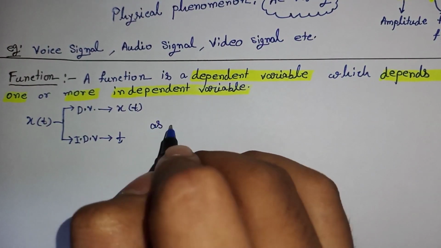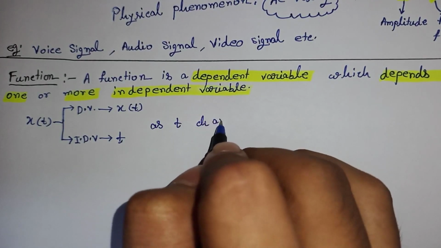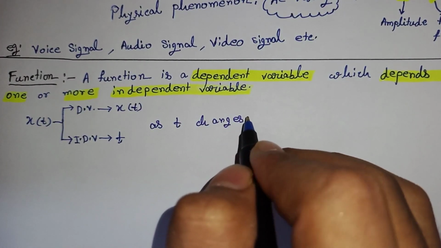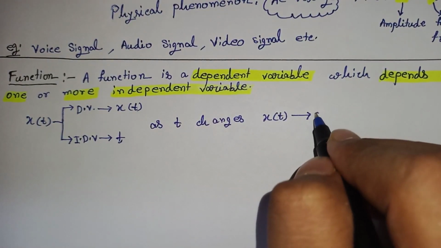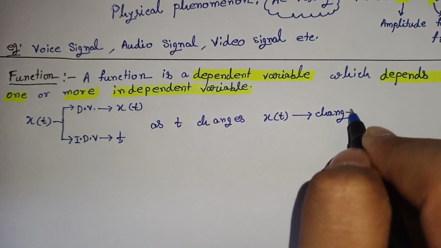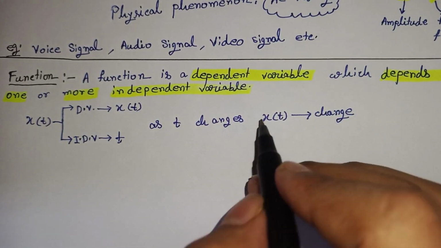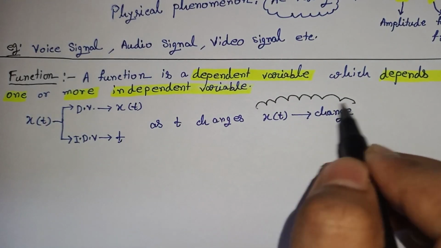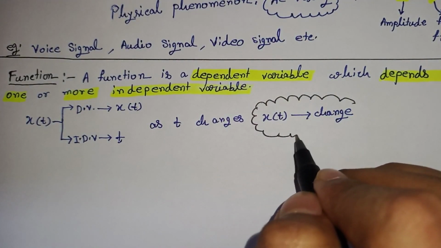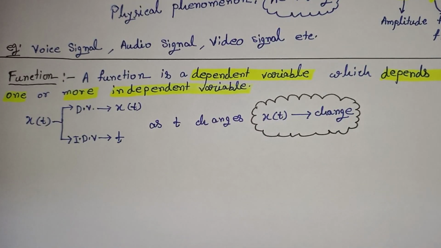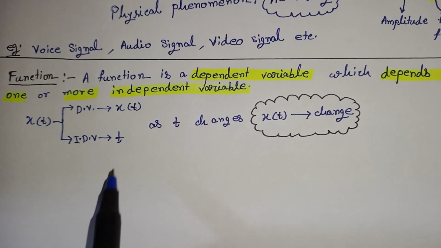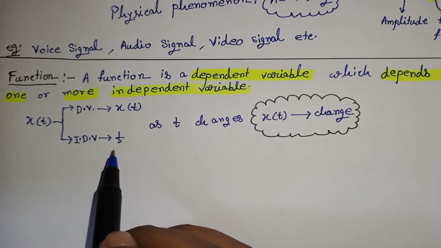Here, as t changes, x(t) will also change. That's why x(t) is the dependent variable here. The dependent variable is x(t) and independent variable is t.